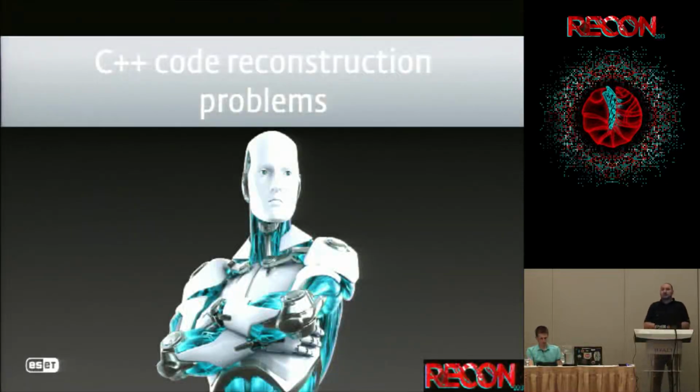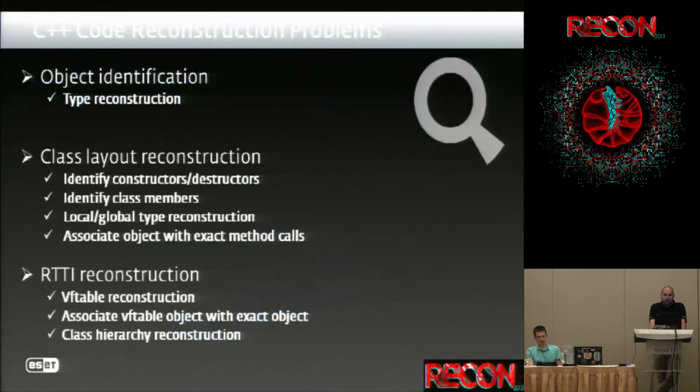And we continue our talk with some C++ code reconstruction problems, because it's closely related to position-independent code reconstruction problems. And the last section of our talk will be a plugin to help with reconstructing object-oriented code and position-independent code. It's a list of some problems.